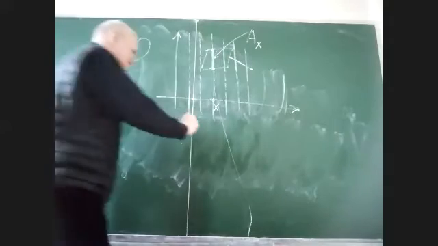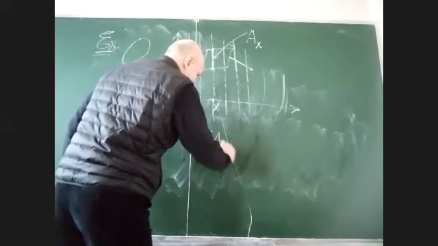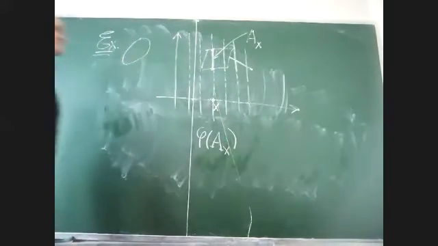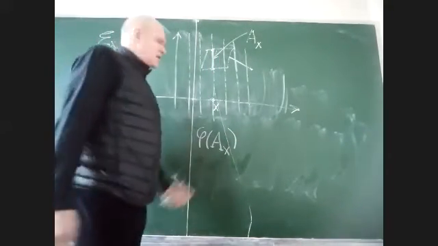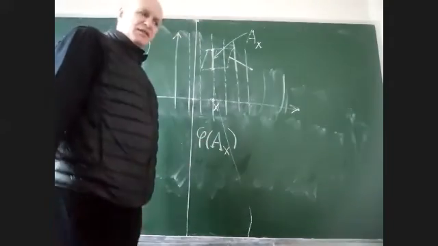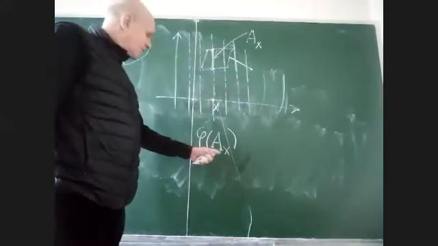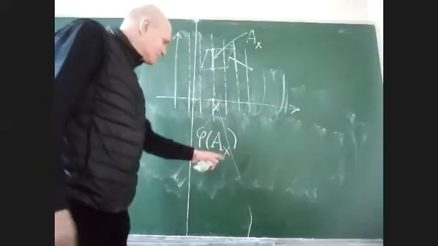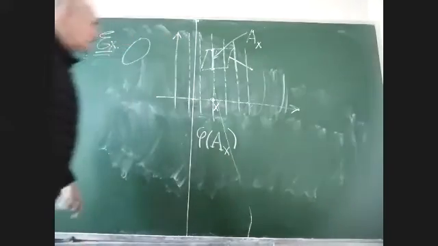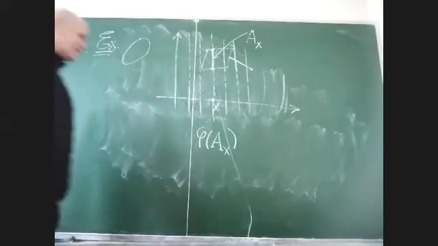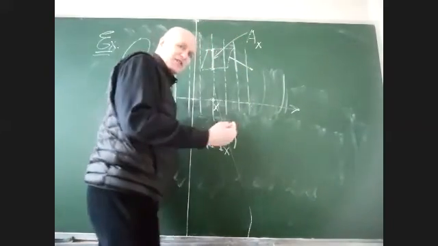Then one can consider the Euler characteristic phi of A_x. As we discussed, this is just an integer-valued function of the point x. Moreover, one can easily check that it will be a step function.